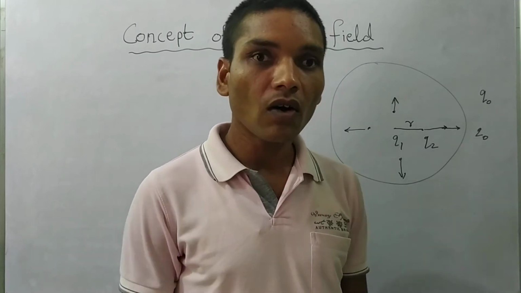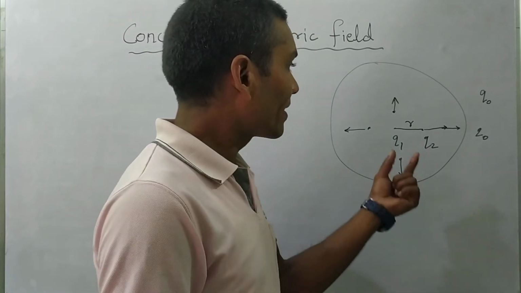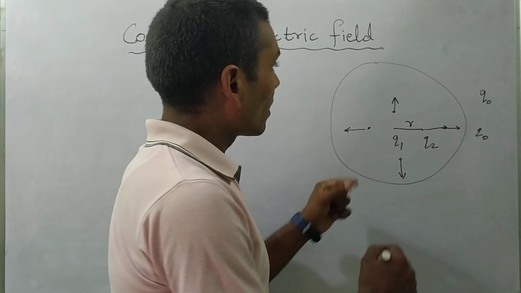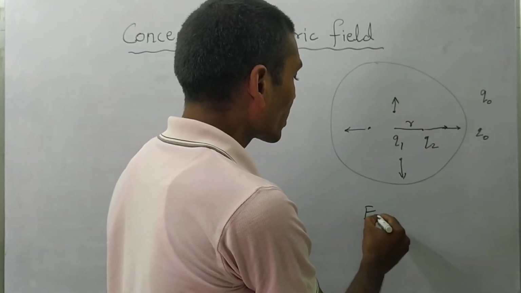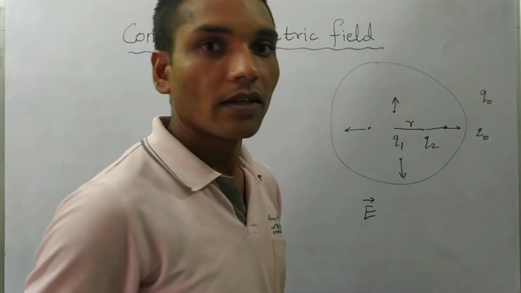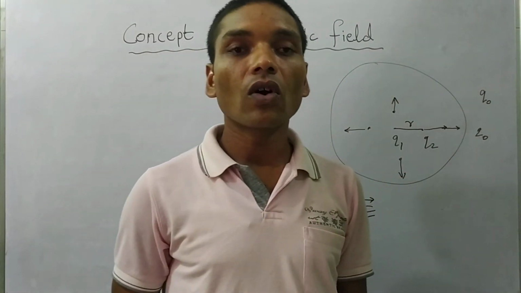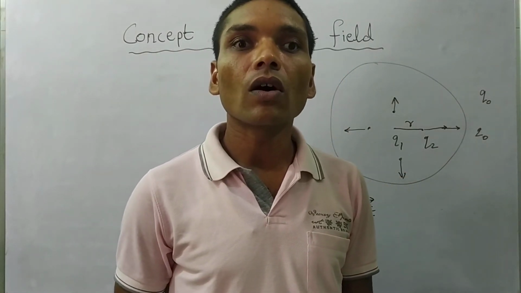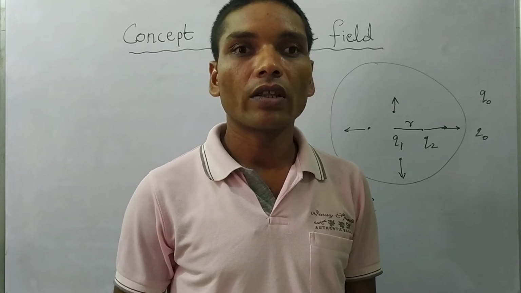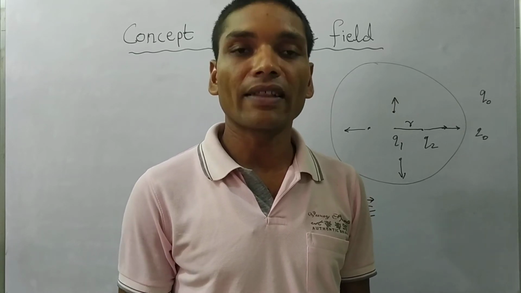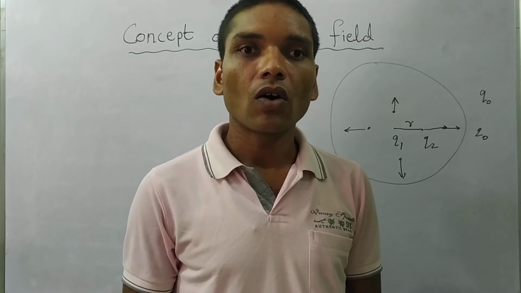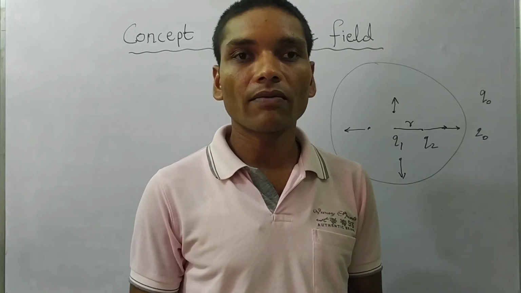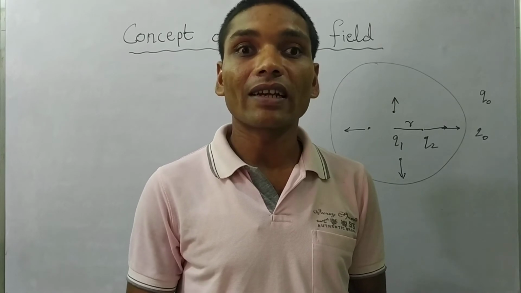Now, to measure the electric field in this area, the electric field is denoted by vector E. This electric field is also called the intensity of electric field or the electric field strength. Actually, what is the electric field strength, or the intensity of electric field?